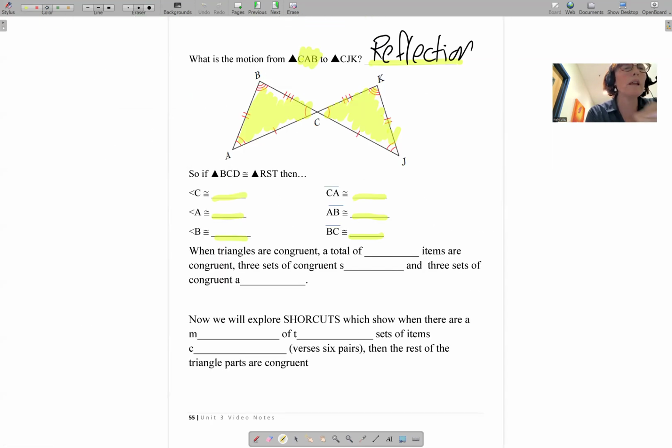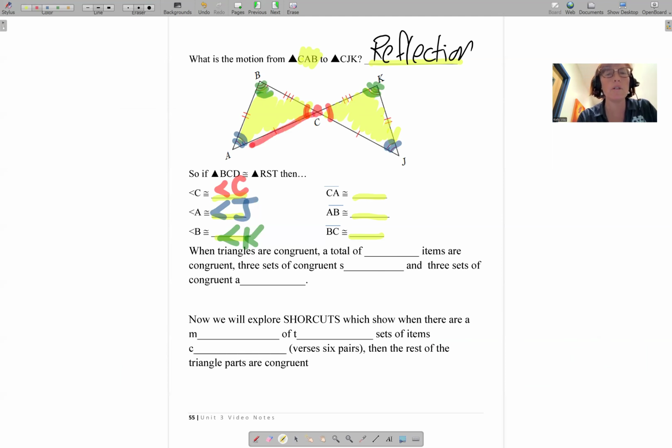We would say angle C is congruent to angle C. That's called a reflexive angle. We'll talk about that in a moment here. Angle A, double sweep, is congruent to angle J, and B, triple sweep, goes with K. And then CA, you have to go in order here.